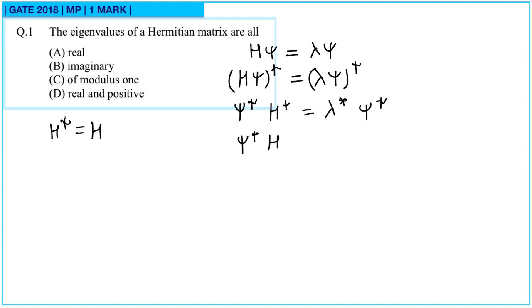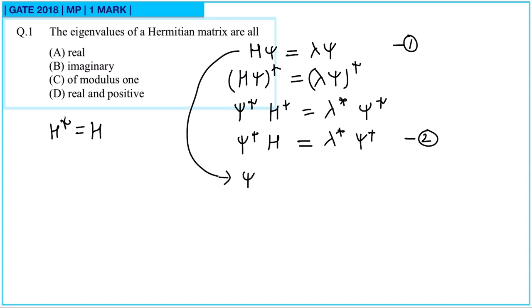So psi Hermitian H is equal to lambda star into psi Hermitian, psi dagger. So this is our equation 1 and this is our equation 2. Let us multiply equation 1 by psi dagger. So from this equation we will get psi dagger H psi is equal to lambda into psi dagger psi.